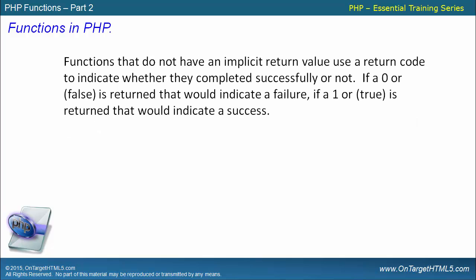Functions that do not have an implicit return value use a return code to indicate whether they completed successfully or not. So there's a lot of times when we don't have an implicit return from the function, but we'll still need to know whether the function performed correctly, and a 0 or false would indicate a failure of the function, so the code inside the curly braces did not perform correctly, and a 1 or true would indicate a success of the code.